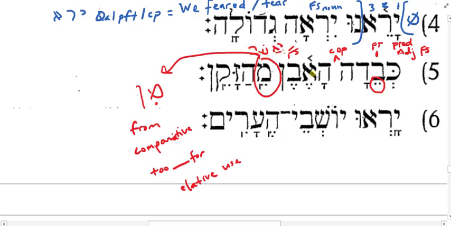And then it would be the stone which is from the elder was heavy. And then you'd have to view all that as going together. Okay? But you're right that it is conceivable that that mehazaqen could actually be adjectival modifying ha'even.